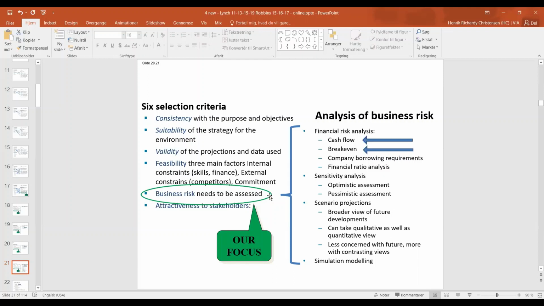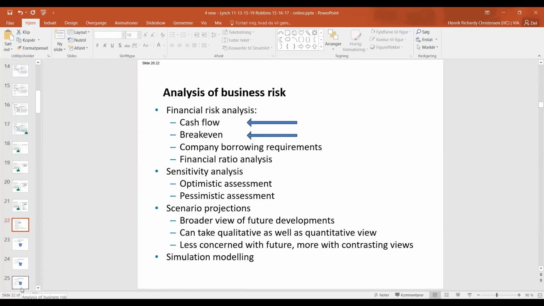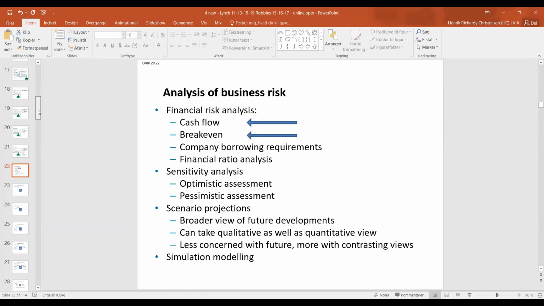Good. And that leads us to this one about the analysis of business risk overall, and specifically about cash flow and break-even. These are the two that I would like to introduce you to. Now, some of you might know them quite well because you have looked into it before, and some of you may never have heard about this before.